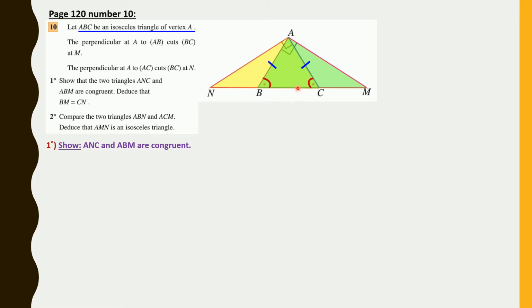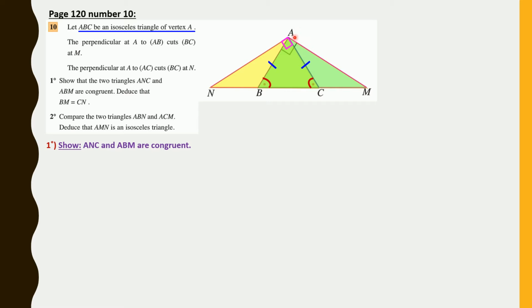Now all we need to do is to prove that the angle of vertex A in triangle ANC is equal to the angle of vertex A in triangle ABM. But here, since AN is perpendicular to AC, we can claim that angle CAN equals 90 degrees.